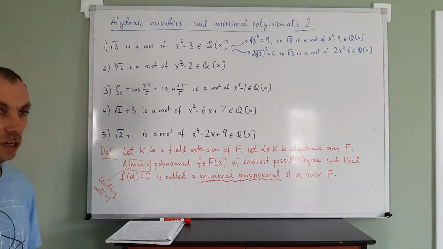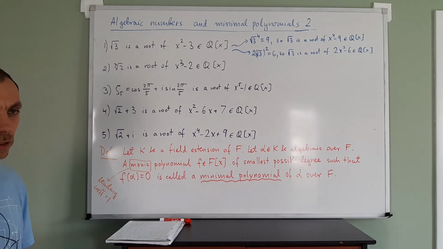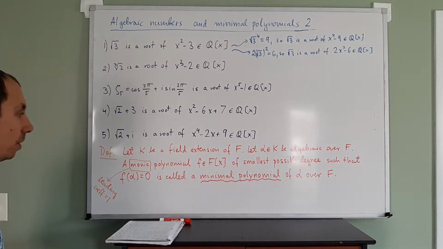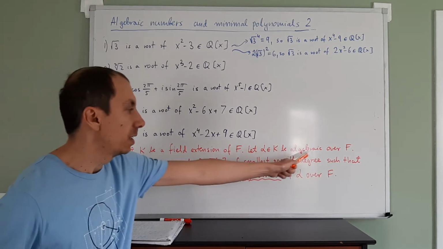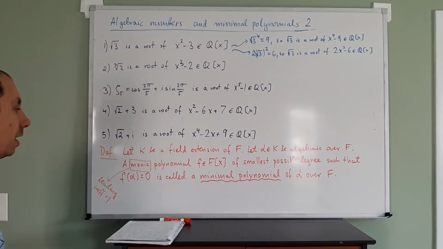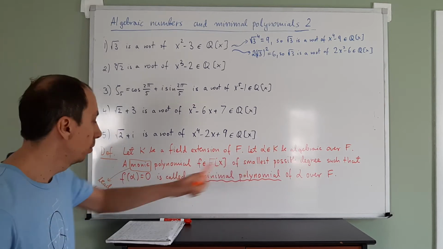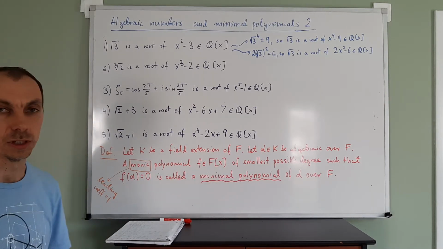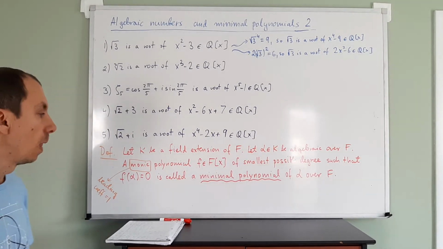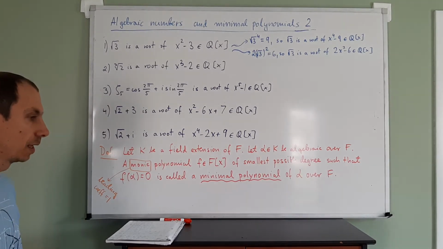So it must have some coefficient that is non-zero, and the leading coefficient must be equal to 1. Okay, so we take an algebraic element in K, algebraic over F, and then we ask for a polynomial with leading coefficient equal to 1 that has smallest possible degree and alpha as a root. And such a polynomial we would call a minimal polynomial.